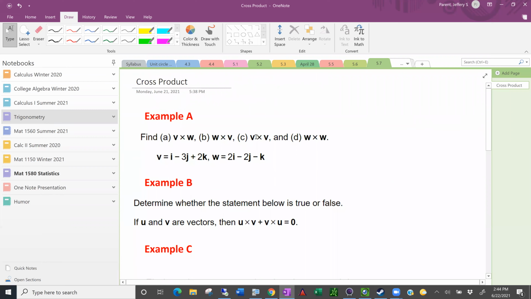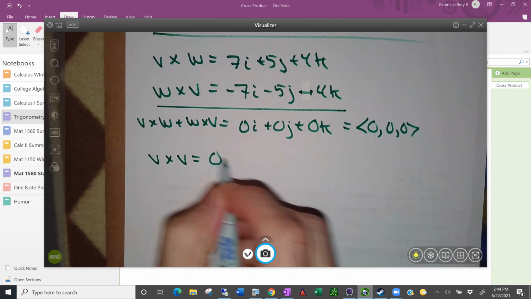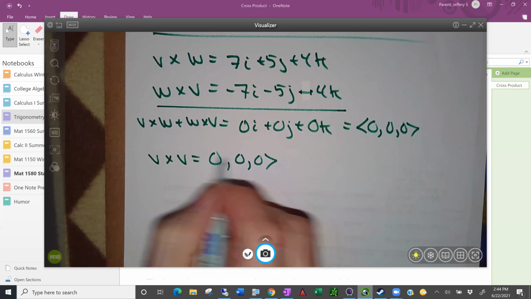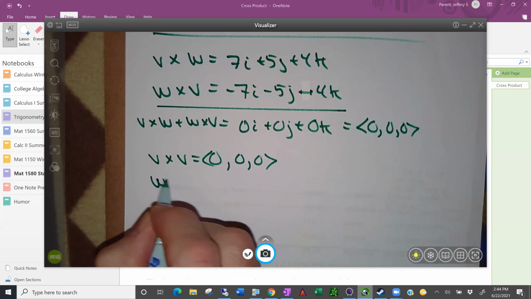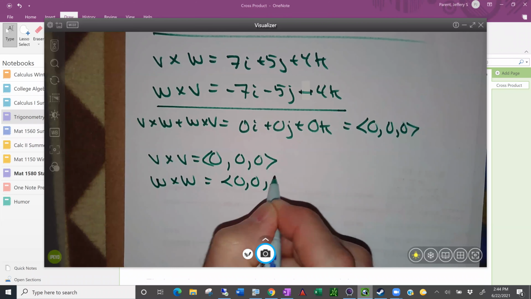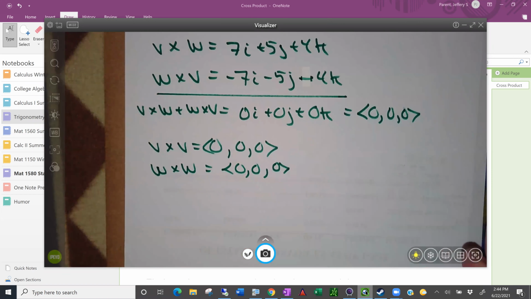If you did V cross itself or W cross itself, and I'm not going to go through the calculations, but V cross itself would be 0, 0, 0. Same with W cross itself. When you cross a vector with itself, you're going to get a 0 vector, which I never liked that terminology. The 0 vector always bothered me. It still does.